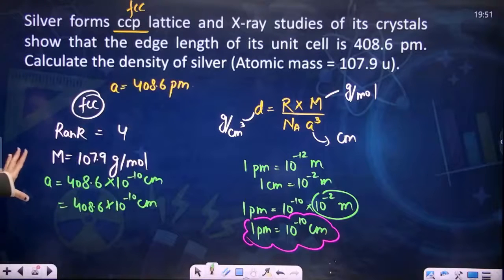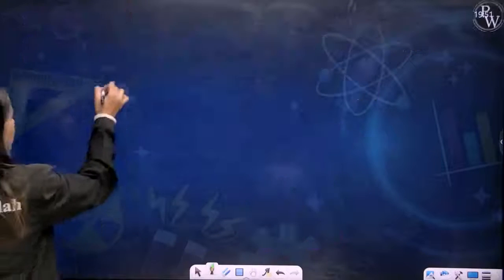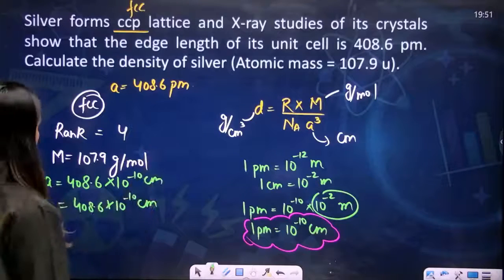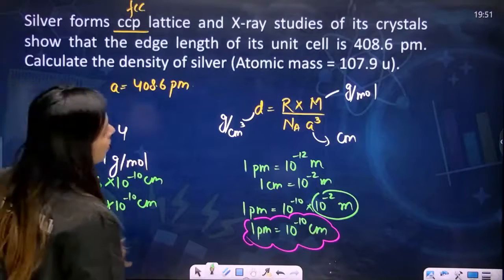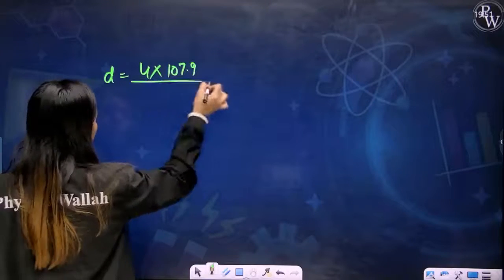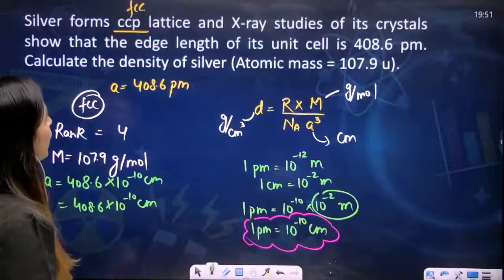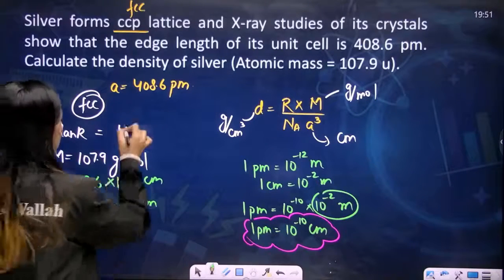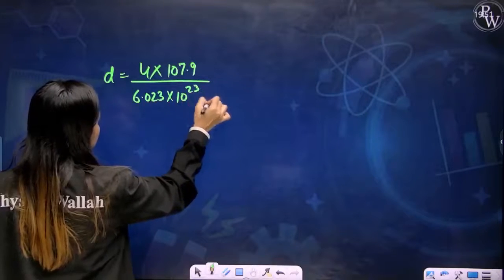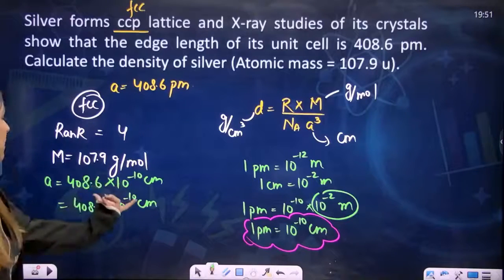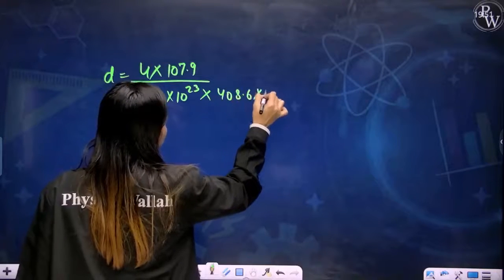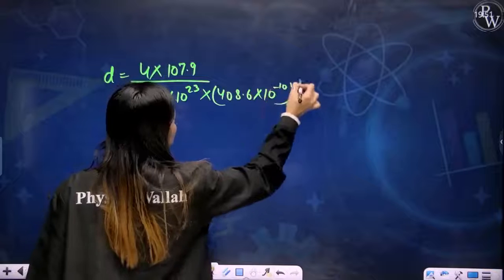Now you can put all these values in the formula. So your density would be equal to rank 4 into molar mass 107.9 upon, what do we take the Avogadro number value? 6.023 into 10 raised to the power 23 into A cube in centimeters, 408.6 into 10 power minus 10 whole cube.